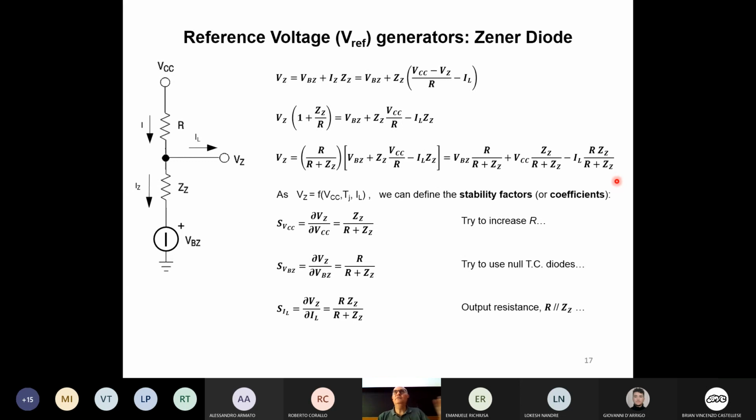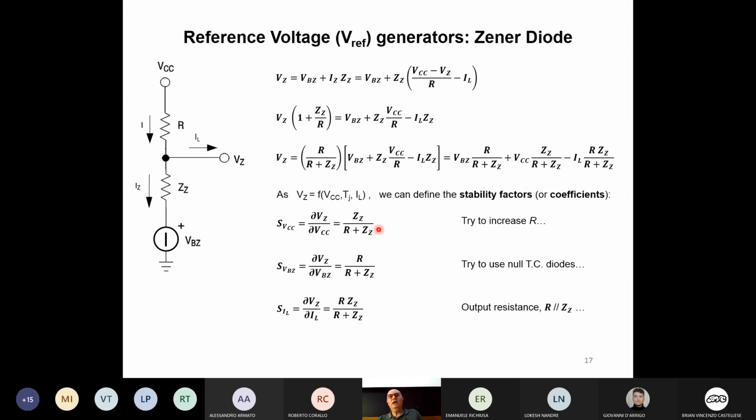So I basically got the formula that I was looking for. Now that I have this complete formula, I can do two things. I can calculate the output voltage once I know the single terms. That's interesting. But I also can do something more. In this case, I'm not interested only in knowing the output voltage, but I want to know what the voltage variations are with different terms.